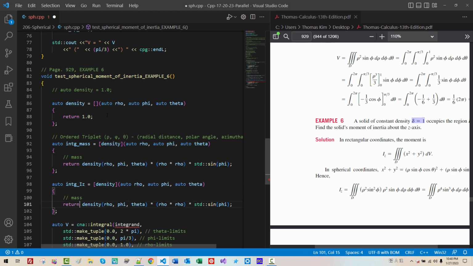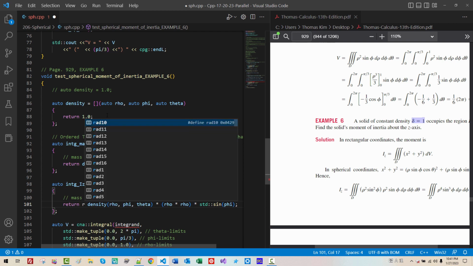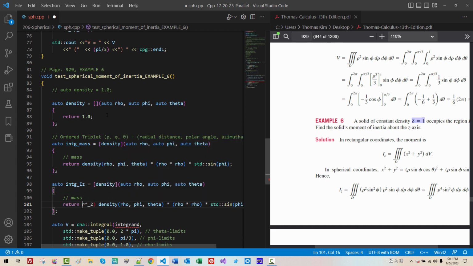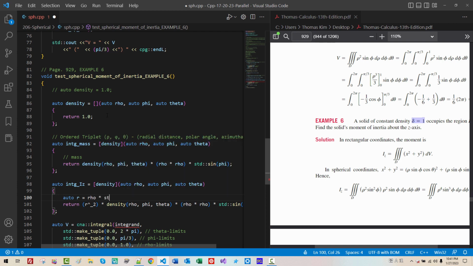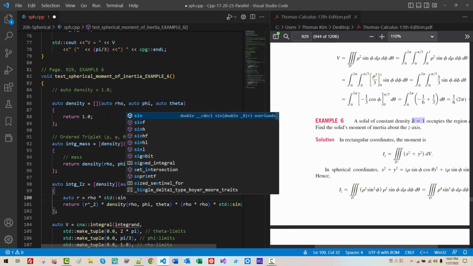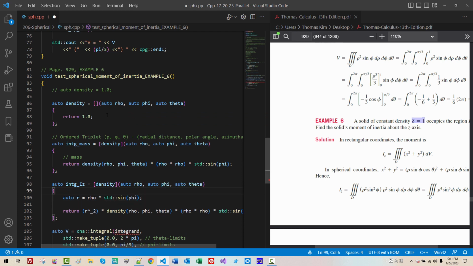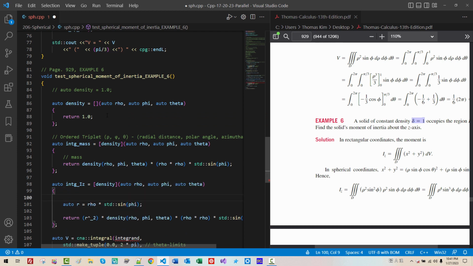Here we have to multiply r squared into our integrand. We can compute r like this: rho times sine phi. You have to remember this.